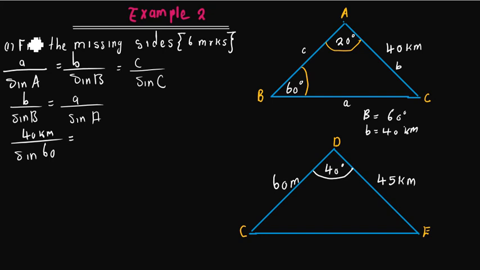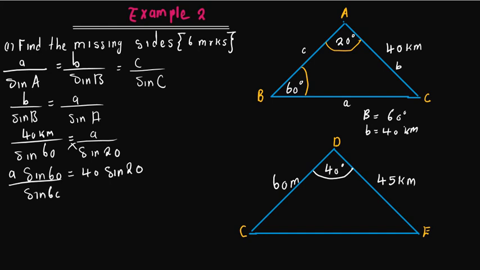This is going to equal A, which we're looking for, but the angle for A has been given, which is 20 degrees. From here we can say A sine 60 equals 40 sine 20. So A is equal to 40 sine 20 divided by sine 60.